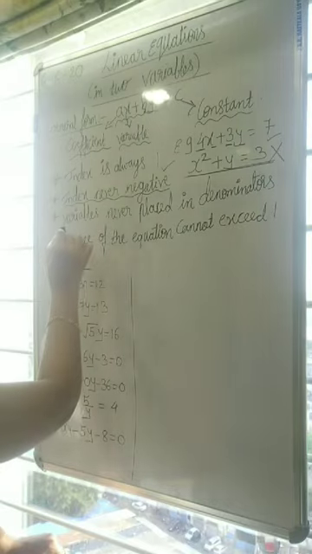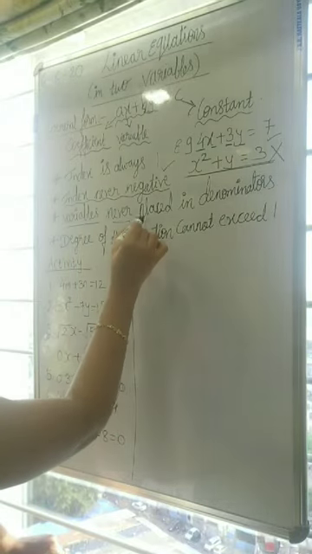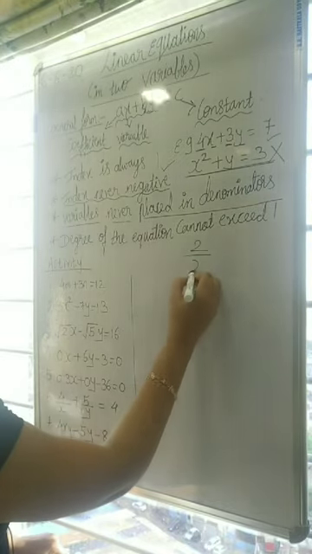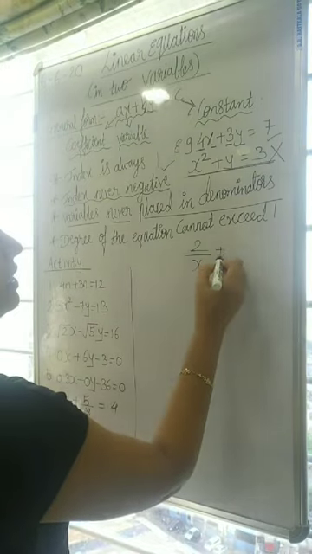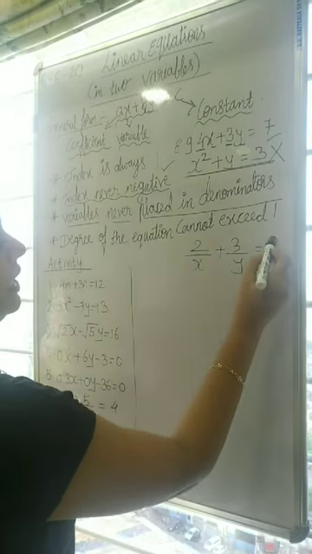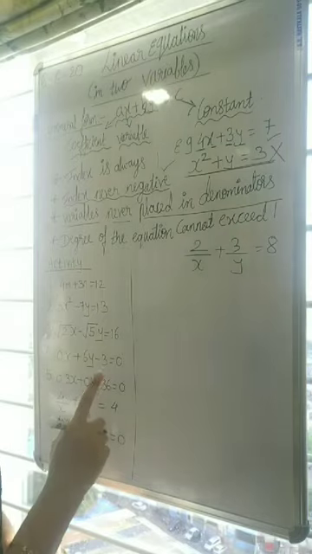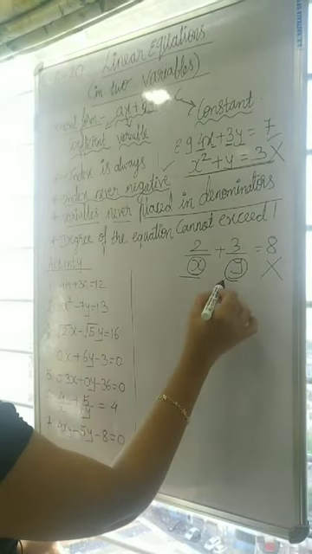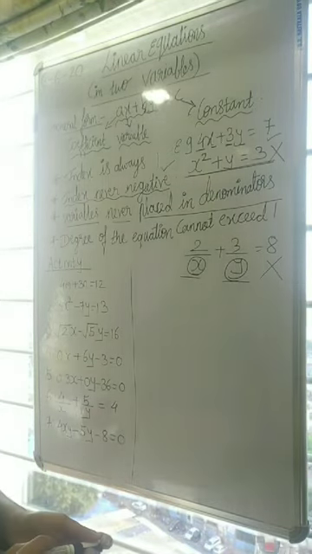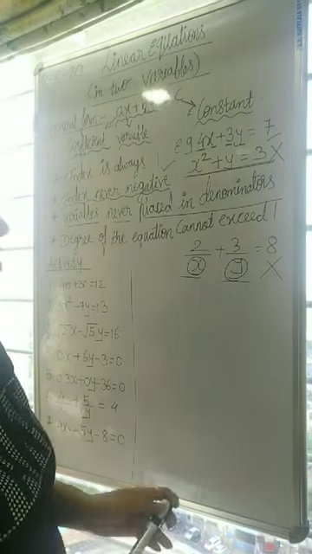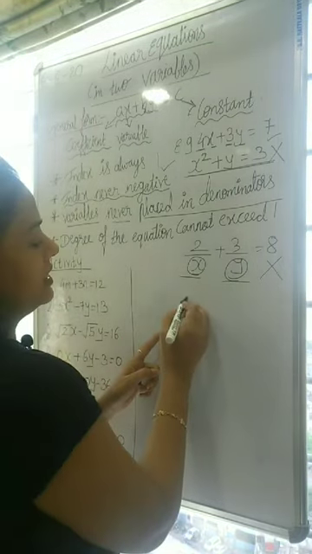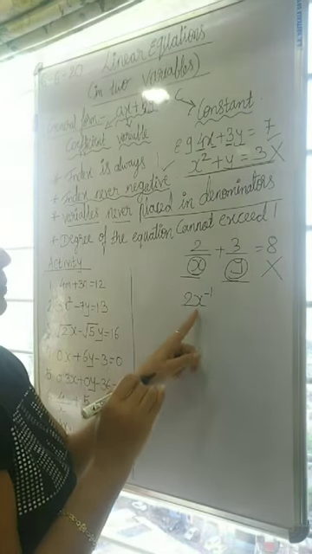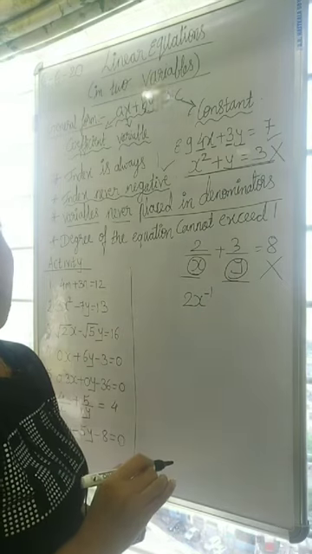Another thing is variables are never placed in denominators. Suppose I have an equation like 2 upon x plus 3 upon y is equal to 8. Can I call it a linear equation? No, because here the variables are in the denominator. Variables should never be in denominators, because a variable in the denominator means that the degree is negative, since 2 upon x can also be represented as 2x raised to the power of minus 1.